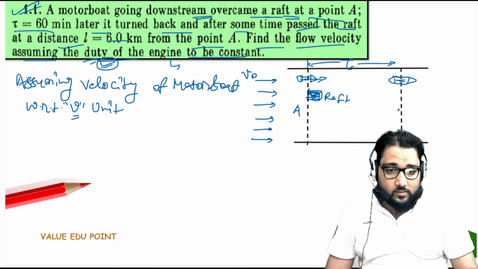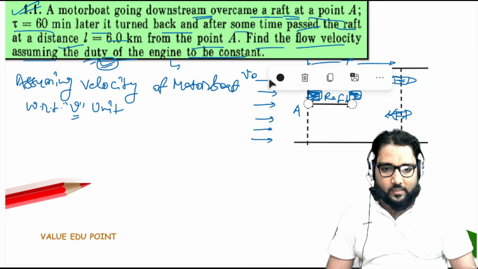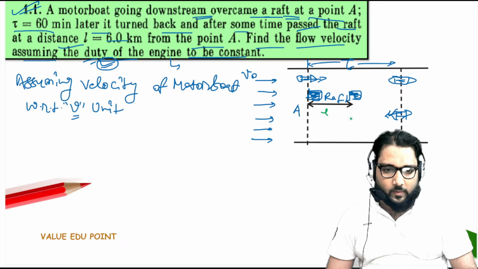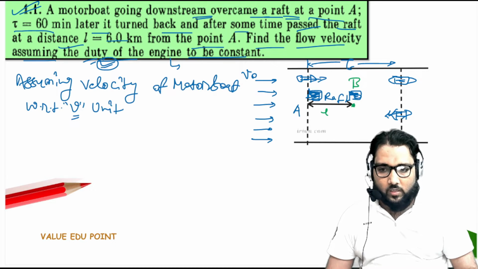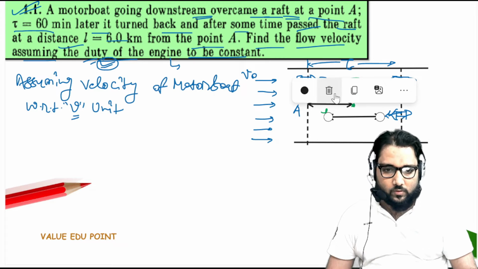Then the motorboat starts again, moving in this direction, and the raft will come here. The distance traveled by the raft from here to here is L. Now this point is B. Now look clearly, guys.